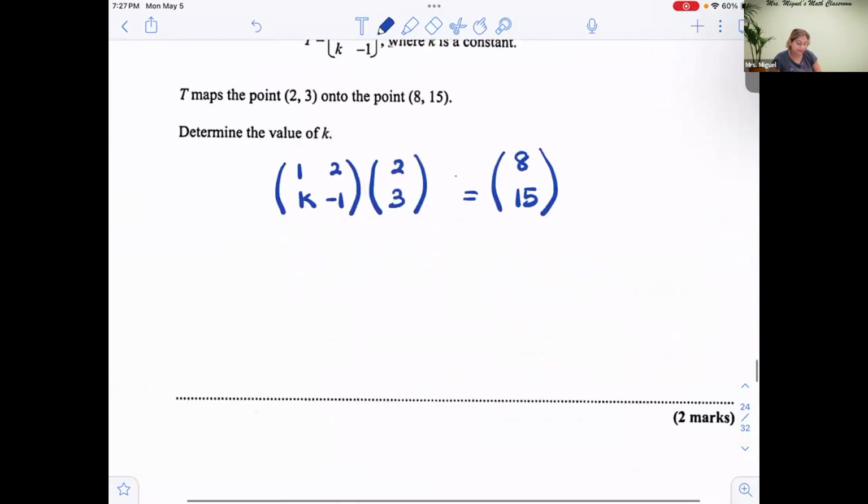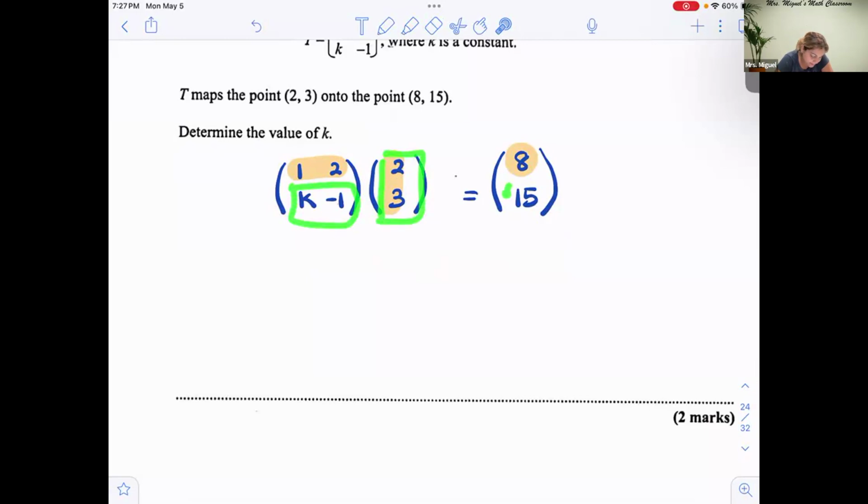So you have to multiply it and you'll find K. So let me show you how easy this is. This by this will give you 8. So you have no reason to do that. So just multiply this by this, put it equal to 15, and you'll get the answer.